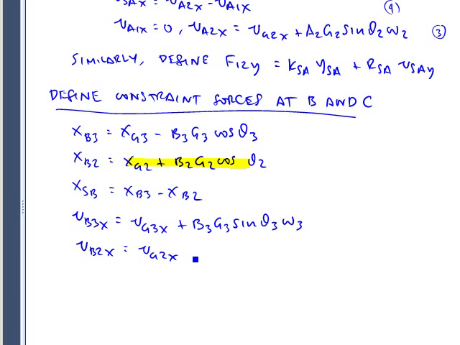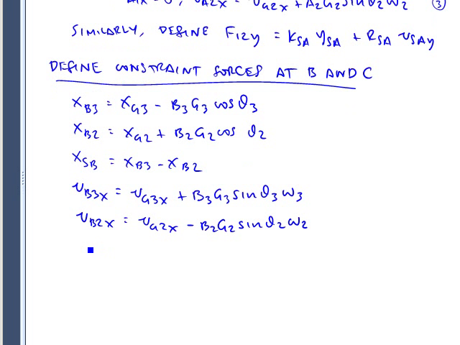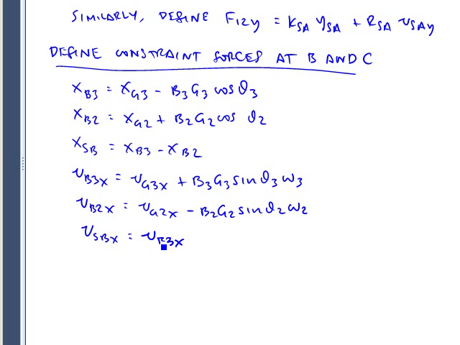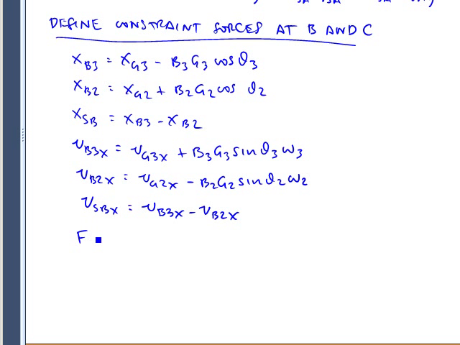So that'll be vg2x minus b2g2 sine theta 2 dot, or omega 2. And now I can say that the velocity of the spring at B in the x direction is the velocity of B3 in the x direction minus the velocity of B2 in the x direction. Now I can say that F, let's see, I need the force of 3 on 2x.